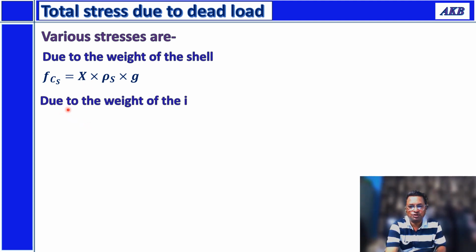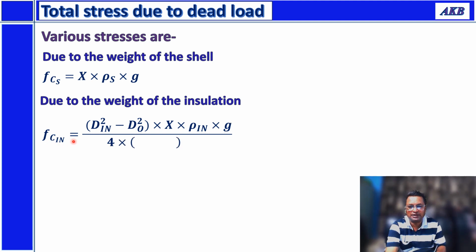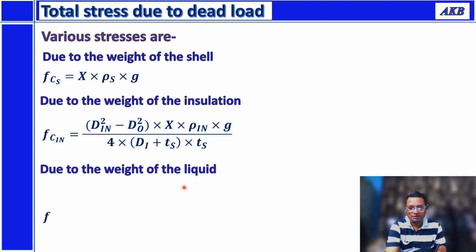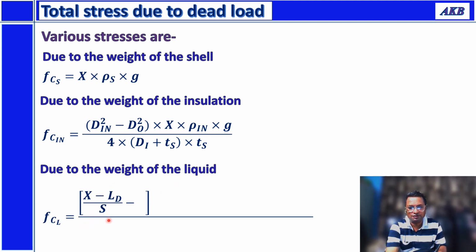Then we saw due to weight of the insulation, the stress induced is compressive, and it is given as FCIN is equal to (DIN square minus DO square) into X into rho IN into G divided by 4 into (DI plus TS) into TS.